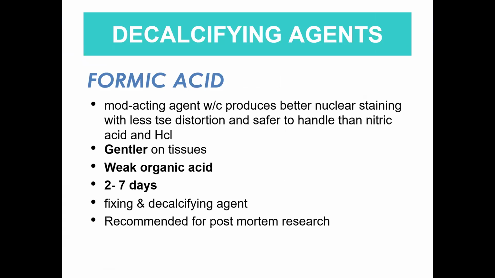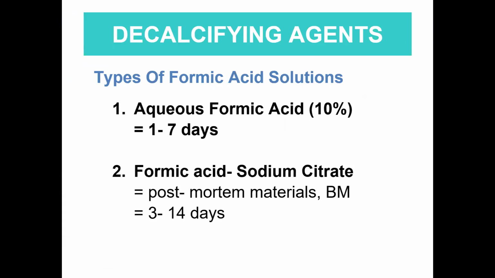Another decalcifying agent is your formic acid. This is a moderately acting agent which produces better nuclear staining with less tissue distortion and is safer to handle than nitric acid and hydrochloric acid. This is gentler to tissues, a weak organic acid that has a decalcification time of 2 to 7 days, and it is recommended for post-mortem research.